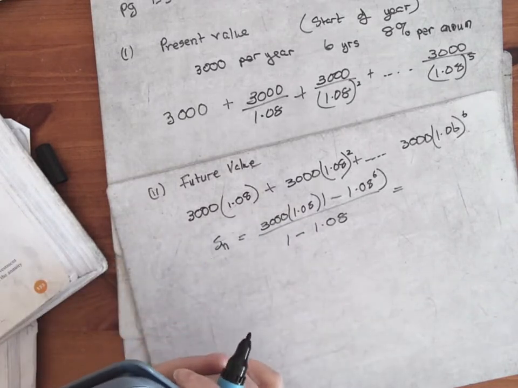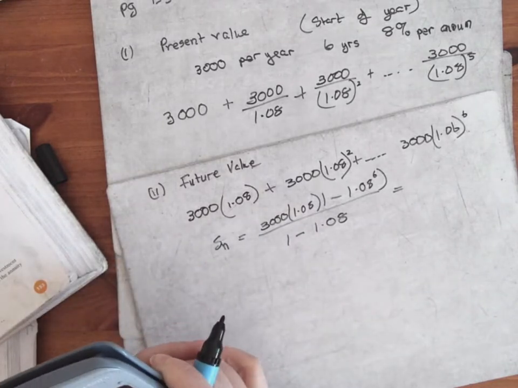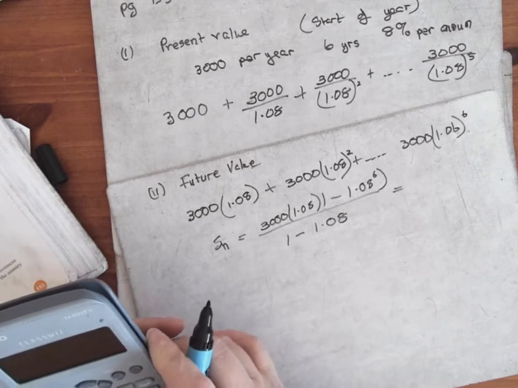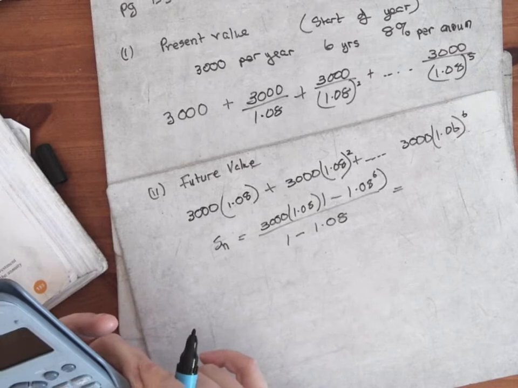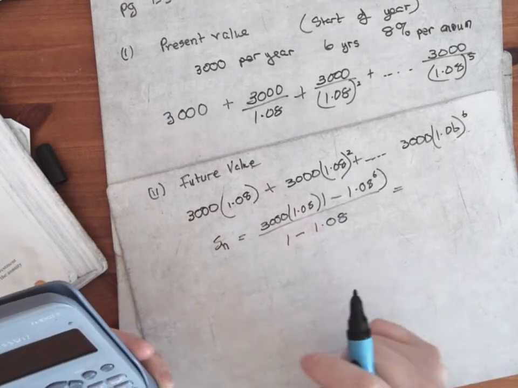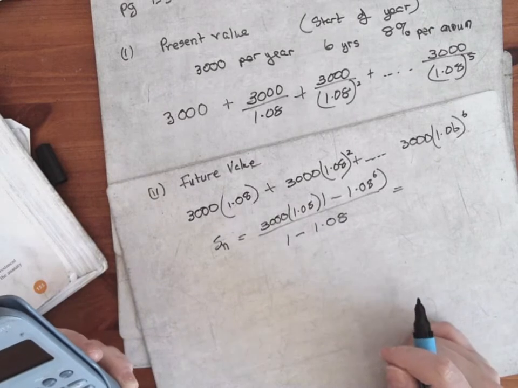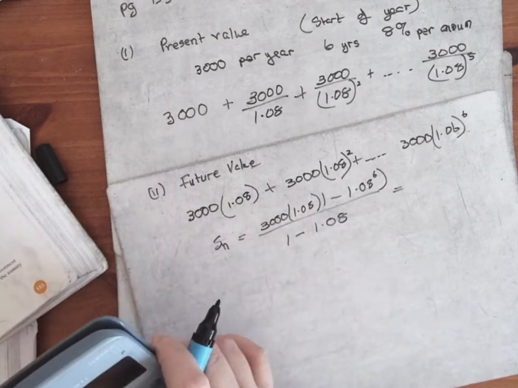What did I do wrong now? Sorry, just give me a minute now. I typed it. Oh yeah, I see my mistake there. Right, okay, and I've got something crazy because I've typed in something wrong. 1.08, oh, I forgot the 1 minus.